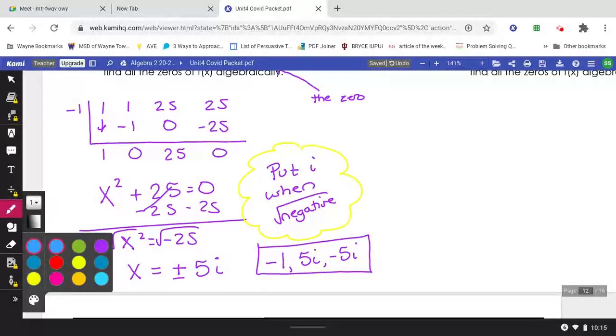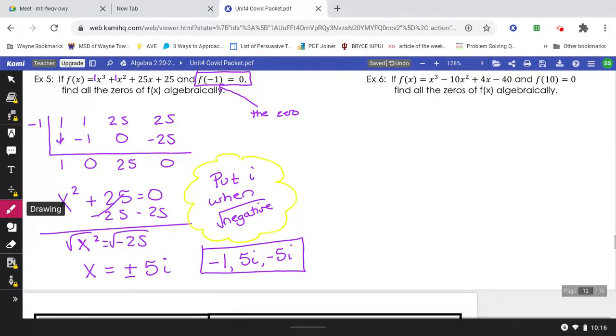All right, one last one. Notice again, they gave you that 10 right there. That's going to be the 0. So 10 would go on the outside. I'll do this one quietly. Try to work ahead, and then check your work.